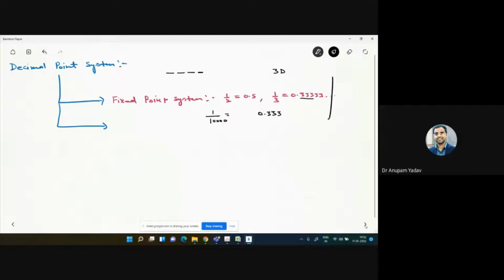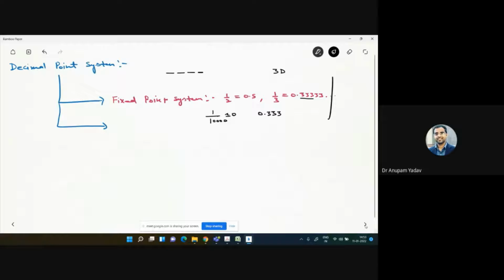We need to use only 3 decimal places, so your computer will assume its value is 0. That may not be very helpful when we are doing some scientific computation.